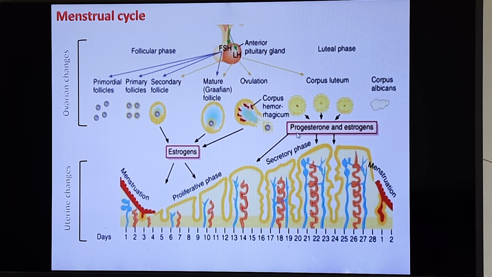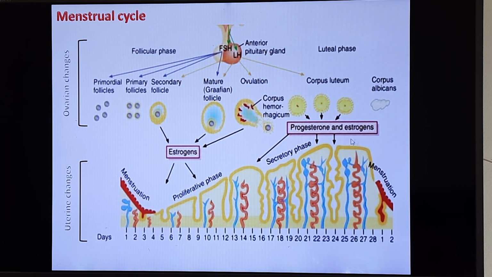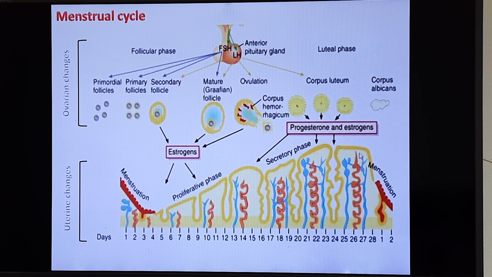The decreased level of progesterone stimulates secretion of the hormone prostaglandin. When prostaglandin is secreted, the wall of the endometrium degenerates, ruptures, is discarded and starts to be removed from the body. It means the menstruation starts. This is the menstrual cycle.